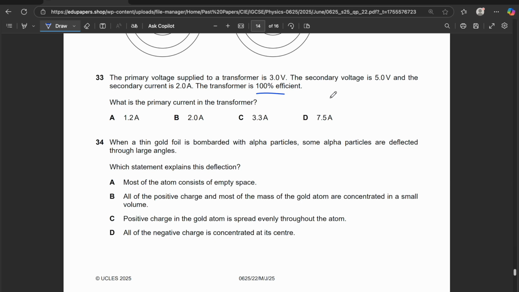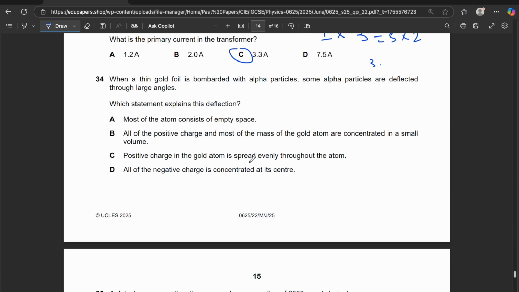Because it says 100% efficient, you know that the power in the primary circuit is equal to the power in the secondary circuit. So the current that we want into 3 will be equal to 5 into 2, which is going to be 3.33 and so on. So C.